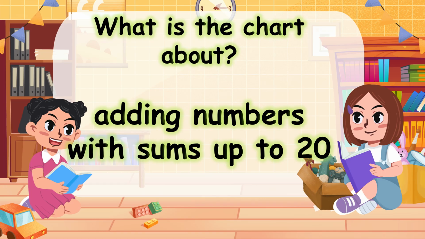If you remember, how do we count numbers 1 until 20? 1, 2, 3, 4, 5, 6, 7, 8, 9, 10, 11, 12, 13, 14, 15, 16, 17, 18, 19, 20. So the chart is about adding numbers with sums up to 20.